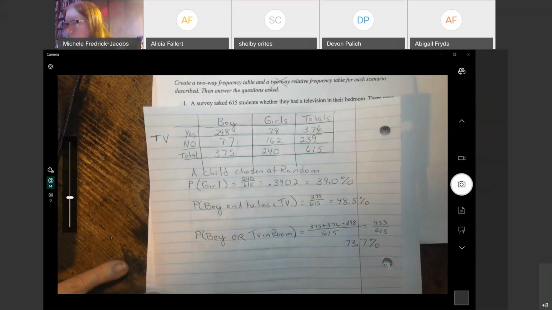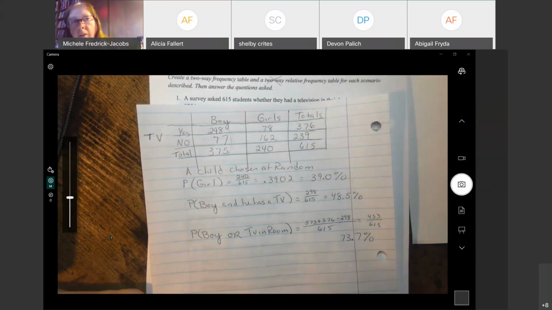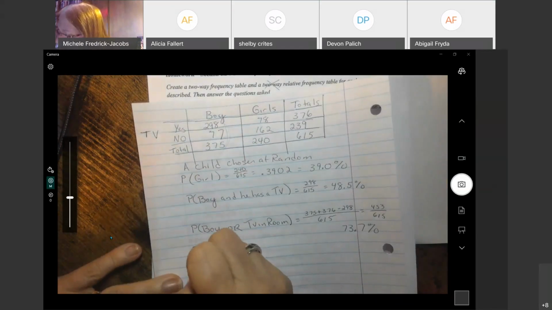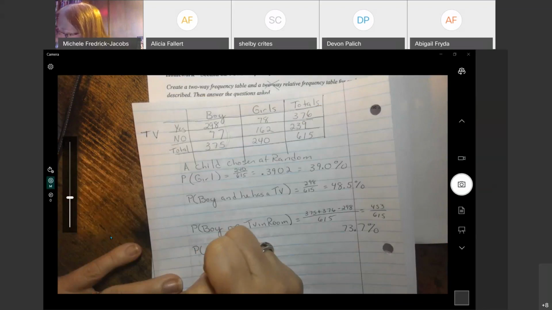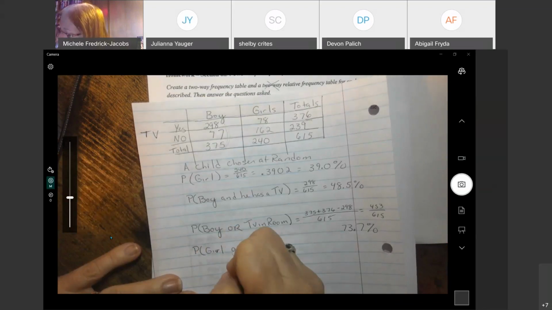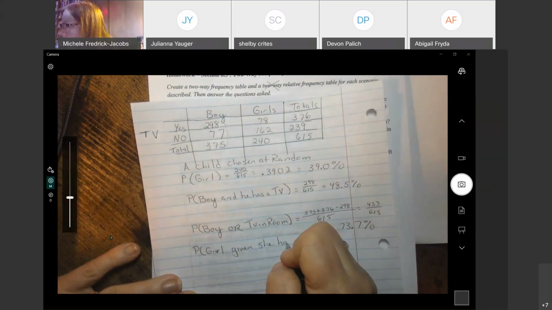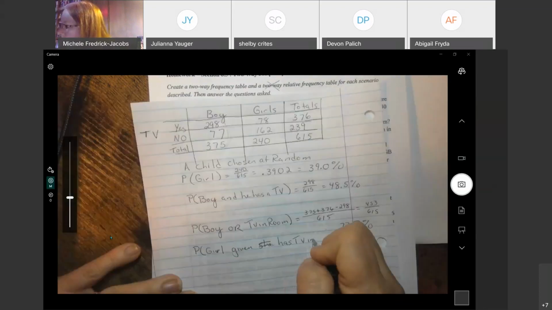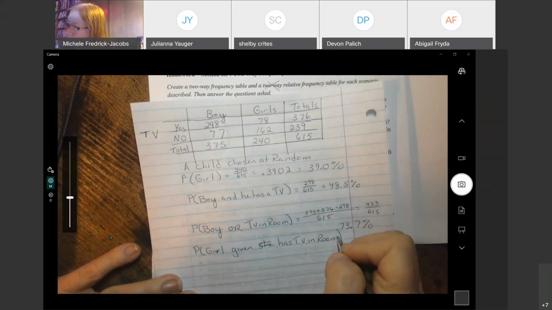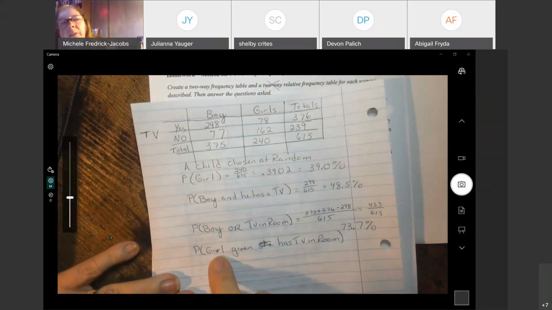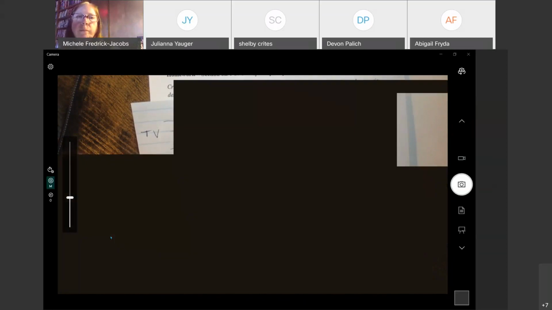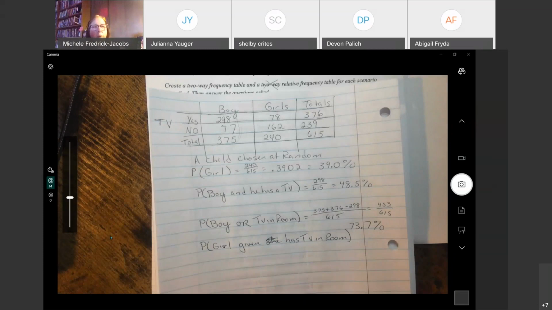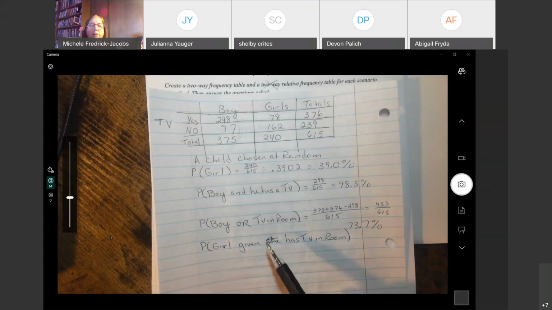Let's look at the only other one that causes trouble, the given part. Probability it's a girl given she has a TV. Given that's TV. We want to find the probability it's a girl given they have a TV in the room. Remember the given part, then it breaks it down either to a row or a column, depending on what's given.